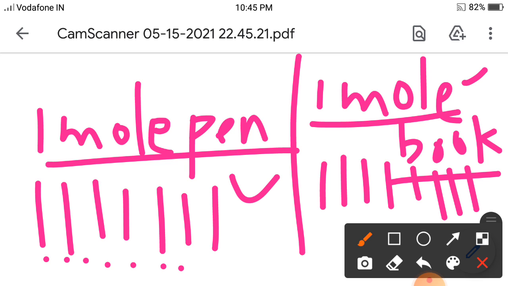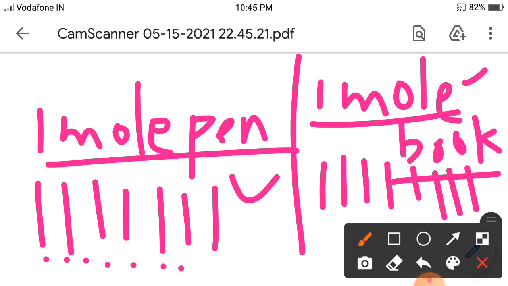So the number of pens equals the number of books.